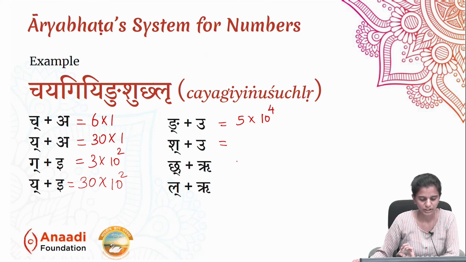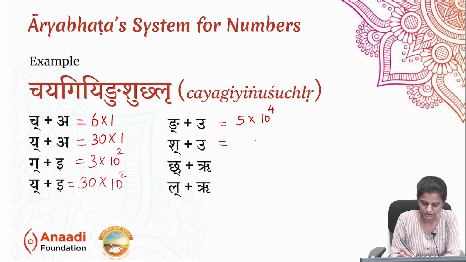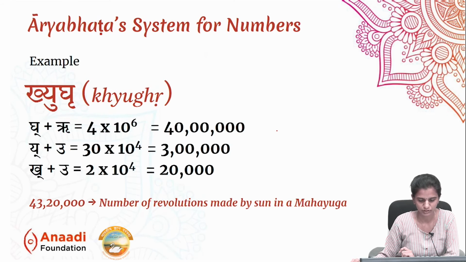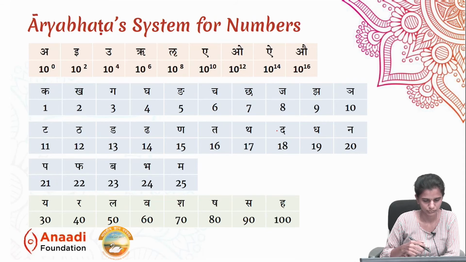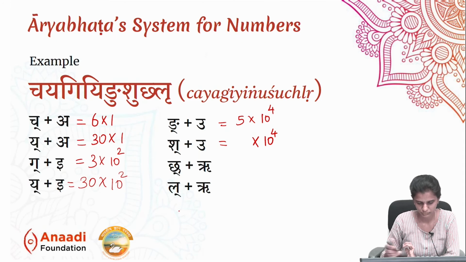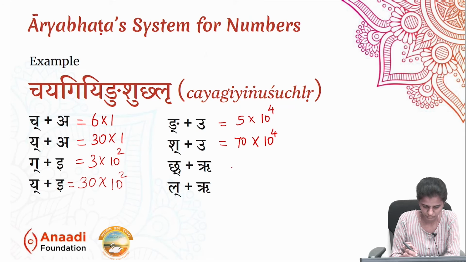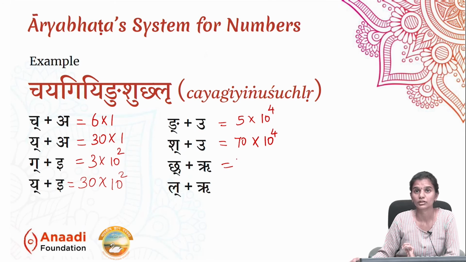So, we have ish plus u. We already know the value for u is 10 power 4. The value for sh is here, we have sh 70. Then we have ich plus r.